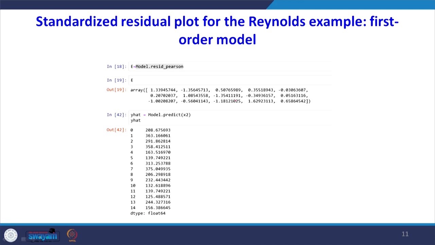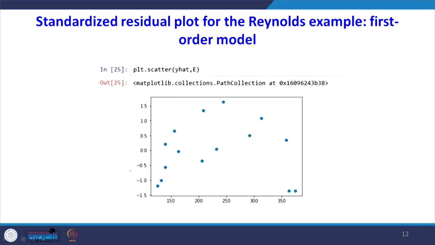For x2, my independent variable, I have predicted the y hat value. This is my predicted y value. Now I am going to make a plot with y hat on the x axis and the error on the y axis, the standardized residual.